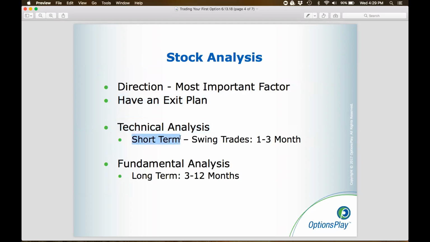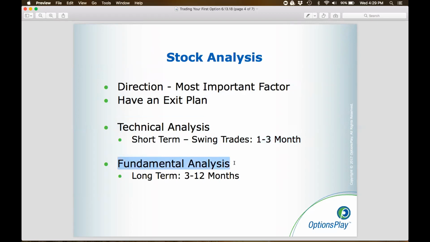These tend to be shorter term analysis, or what we would call swing trades. And for those types of trades, you would typically choose expirations that are anywhere from 1 to 3 months out. So when I'm talking about having an exit plan, that just means that you have a target price that's likely going to be reached sometime in the next month or 2 or 3 months, versus someone who's more of a fundamental analyst.